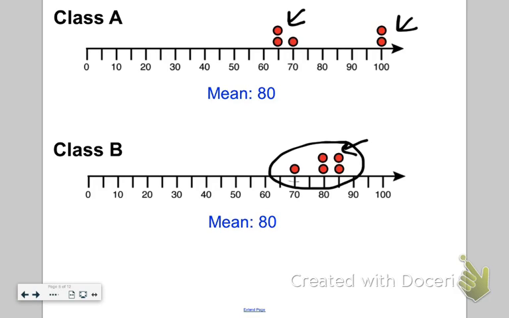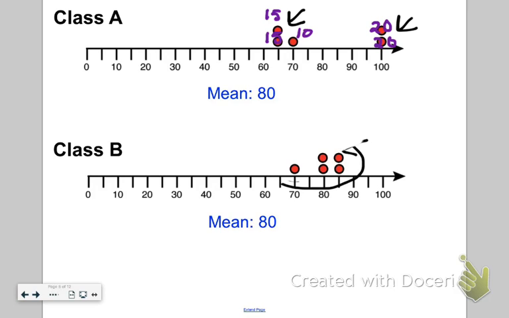They're 15 spaces away from our average. And 70, okay, well then that's 10 spaces away from our average of 80. The hundreds, well they're 20 spaces away from the 80. So that one has a lot more distance between those actual data values and the mean.